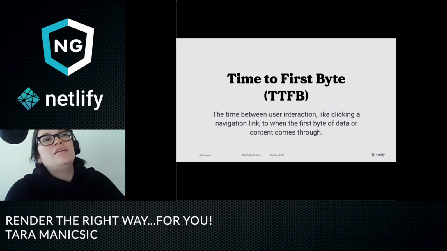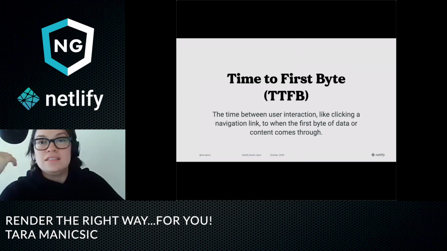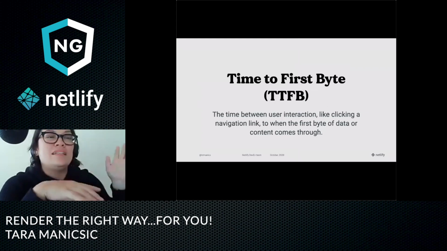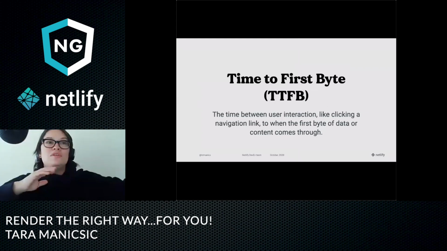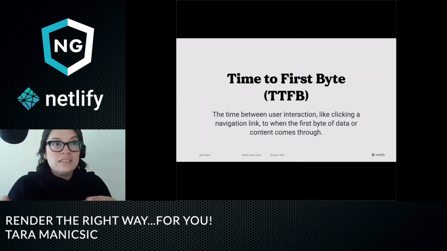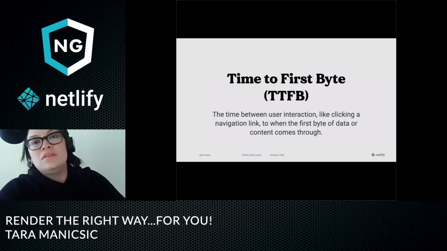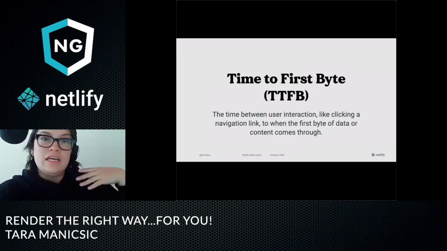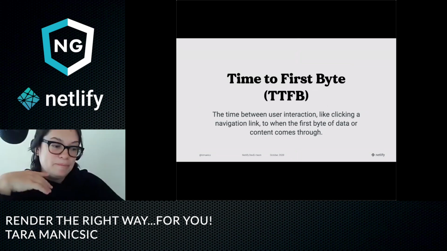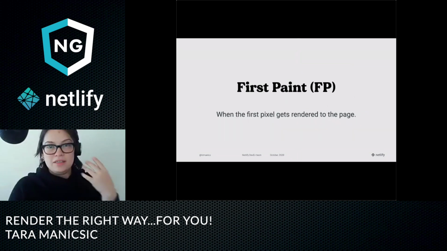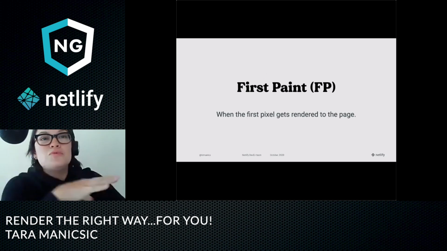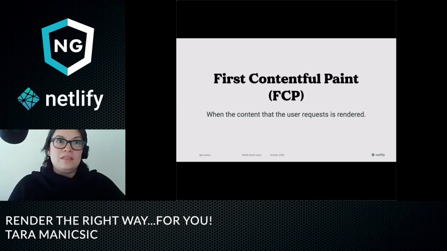But things that they talk about a lot with rendering are these buzzwords. Time to first byte is basically the time between the user interaction of actually requesting something and the first byte of data that comes through. So this is like our big O notation for rendering. It's the way that we're able to analyze the times. First paint is when the actual first pixel gets rendered.